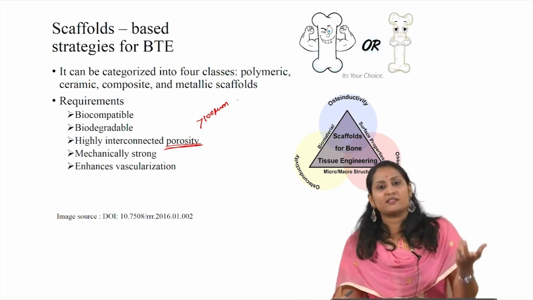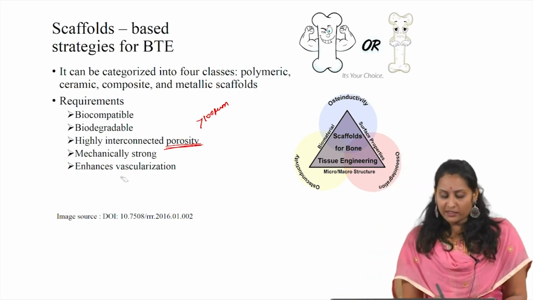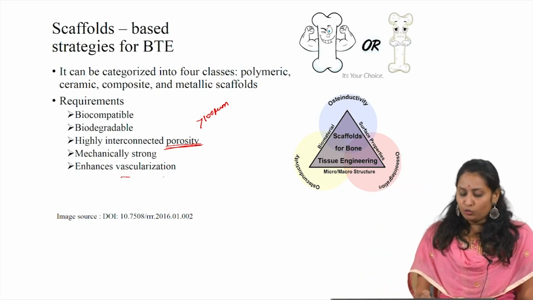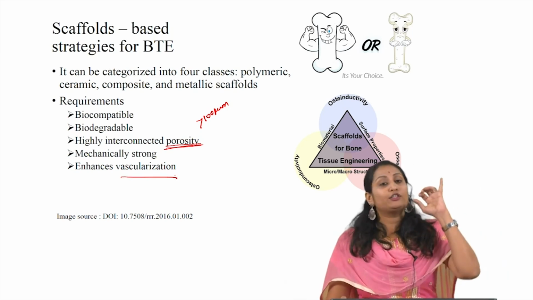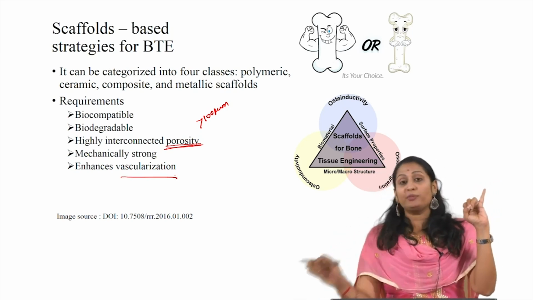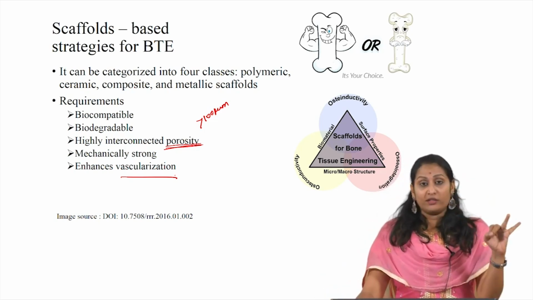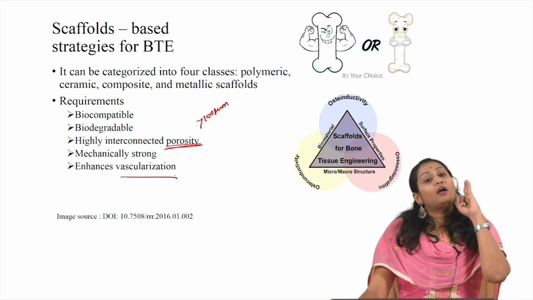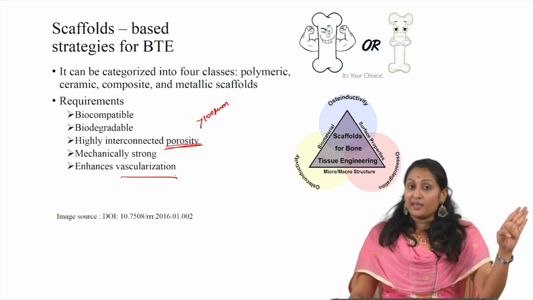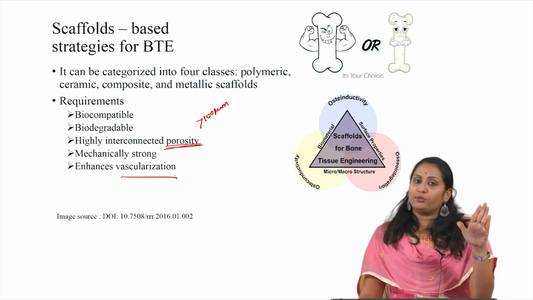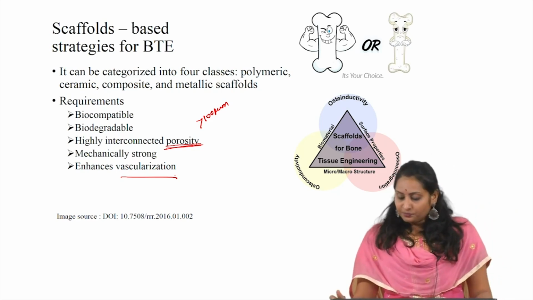Also, it should enhance vascularization, which is the formation of new blood vessels. So any ideal scaffold for bone tissue engineering should be biocompatible, non-toxic, biodegradable, have highly interconnected porosity, be mechanically strong, and enhance vascularization.